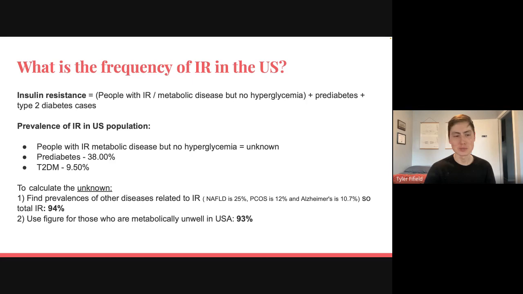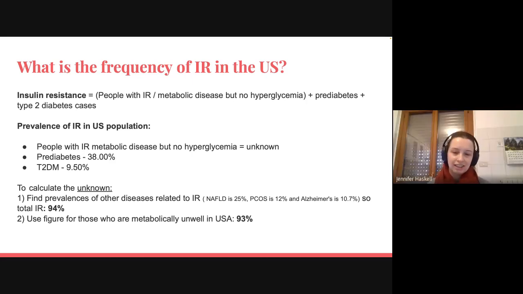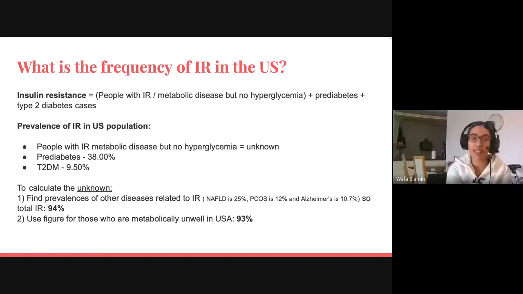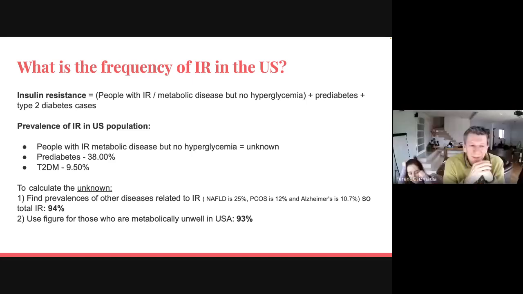Awesome. Thank you. Any other comments, questions, Jennifer? I was just going to say that this 93 probably corresponds to just adults, right? Or is this including children? If I'm not mistaken, adults, but I'll double check. It's actually a very good question. We should always know.